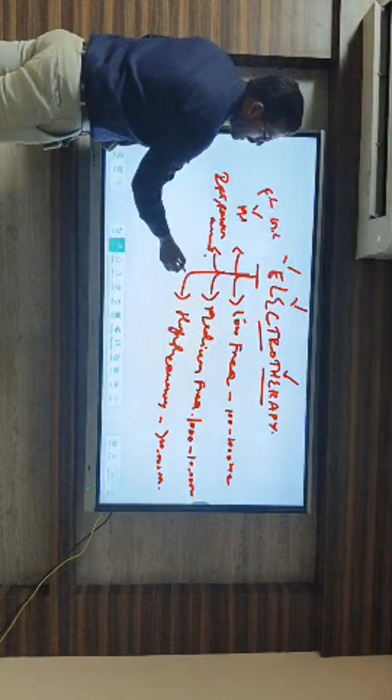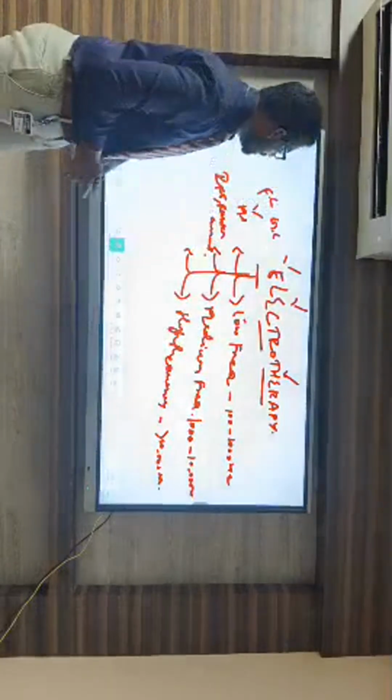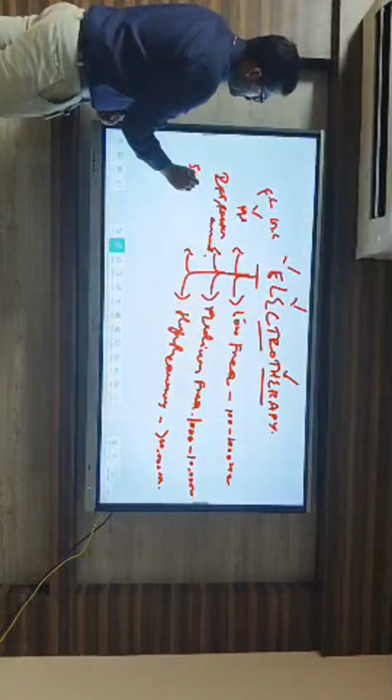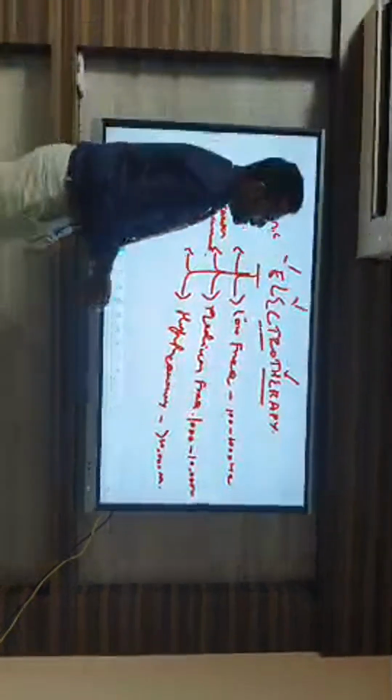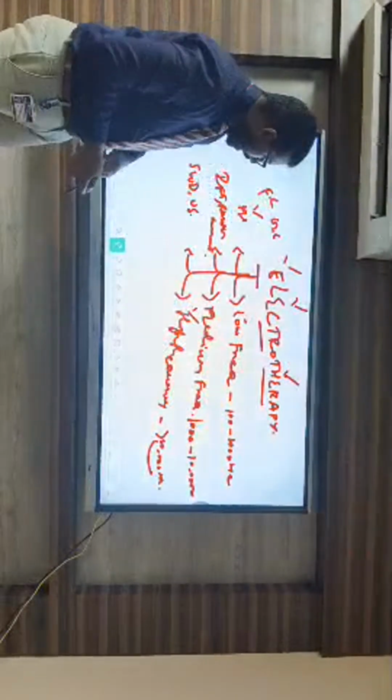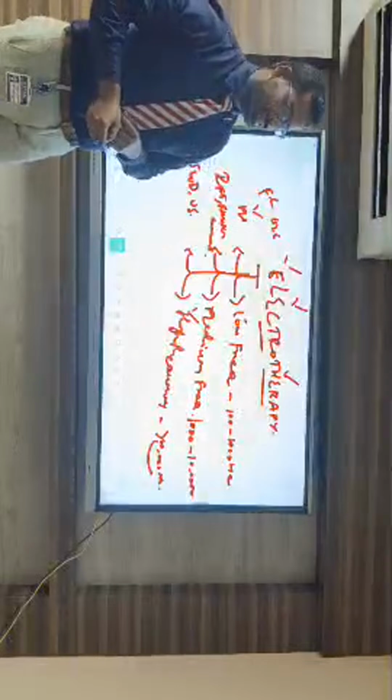Examples of high frequency units are short wave diathermy and ultrasound. These units come above 10,000 hertz. I hope till now we know which currents and frequencies come under low, medium, and high frequency currents.